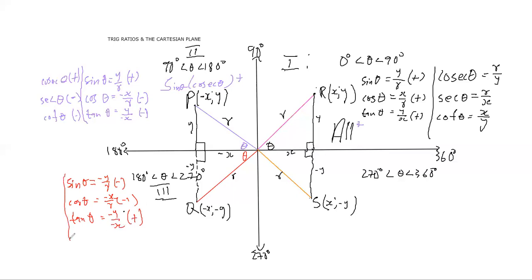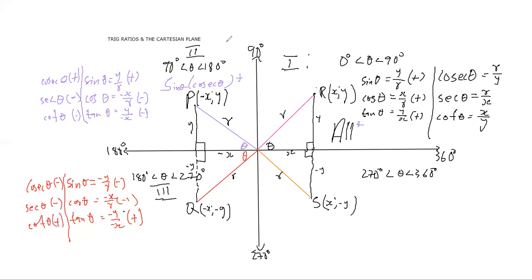As we did with the reciprocals, the same will apply. So cosec in this quadrant is negative because sine is negative also. So cosec of theta will be negative. Here, sec of theta, the ratio will be negative. The cotangent will be positive since the tangent is positive.